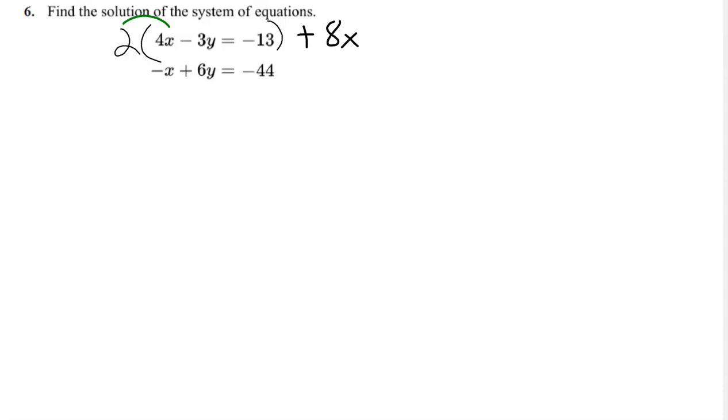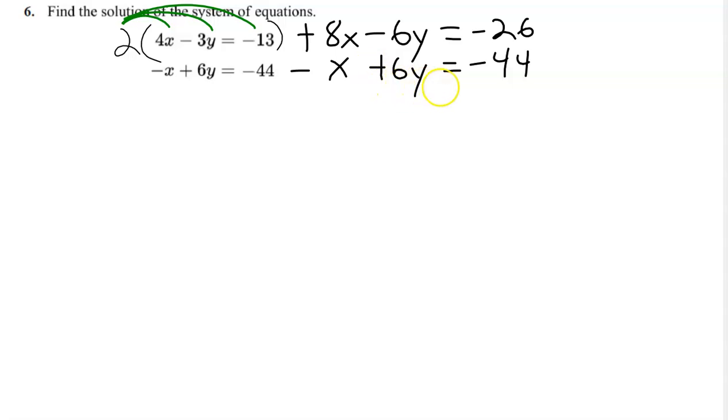And then positive times a negative is a negative, and then 2 times 3 is 6y. And then positive times a negative is a negative, and then 2 times 13 is 26. And that's going to leave me with negative x plus 6y is equal to negative 44.